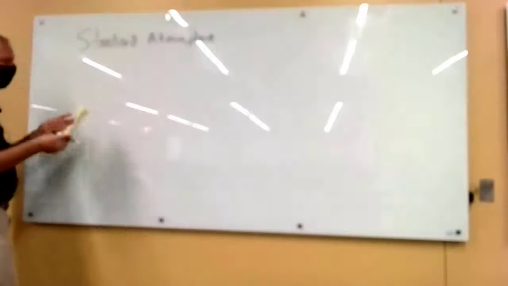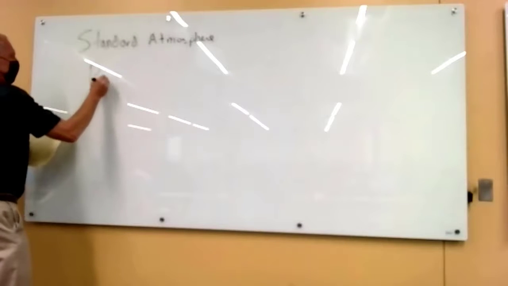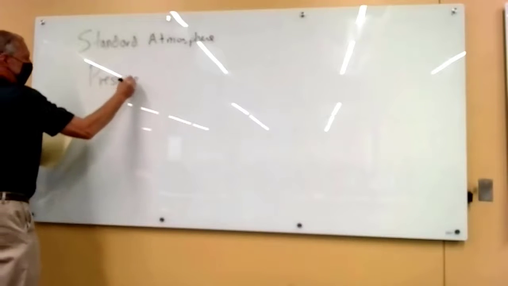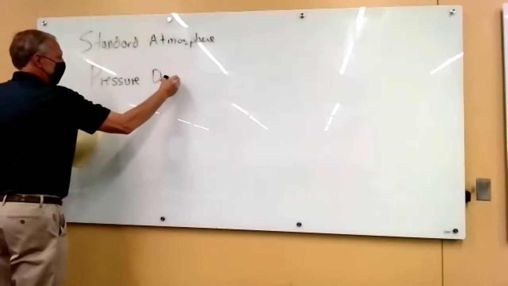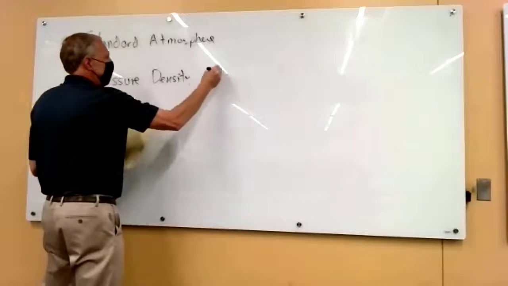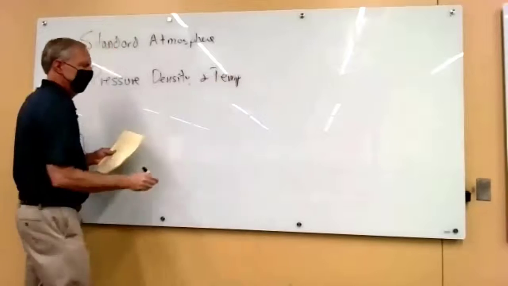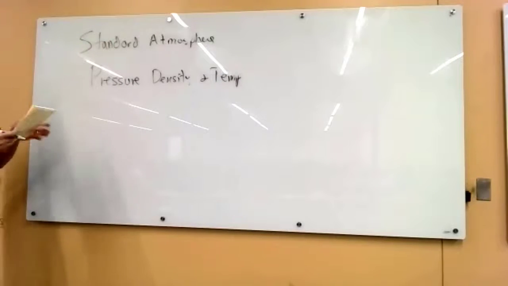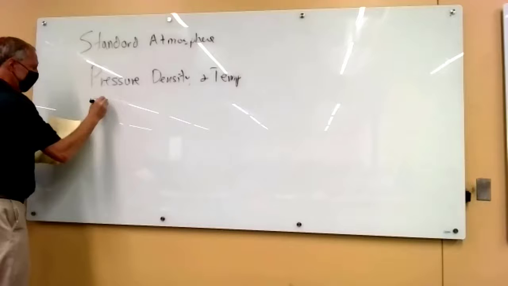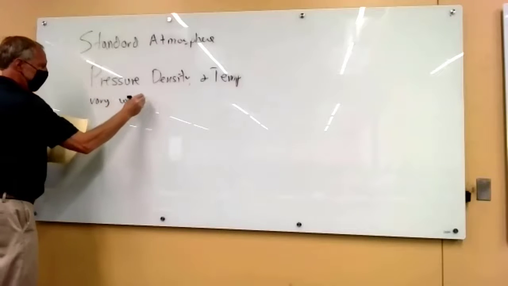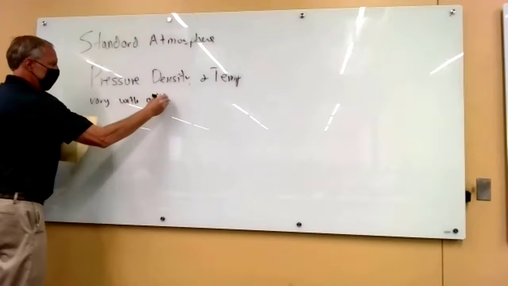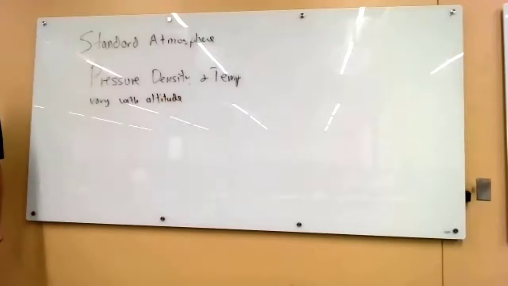So, standard atmosphere. The pressure, density, temperature vary with altitude. We know that because we sent balloons up in the atmosphere and we can see the pressure goes down, the density goes down.